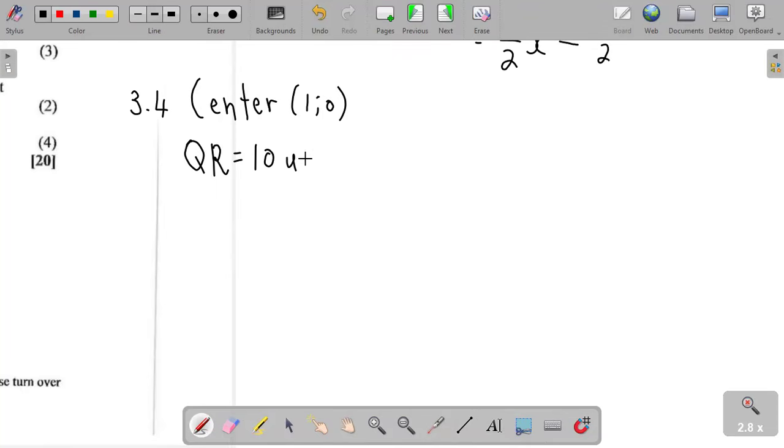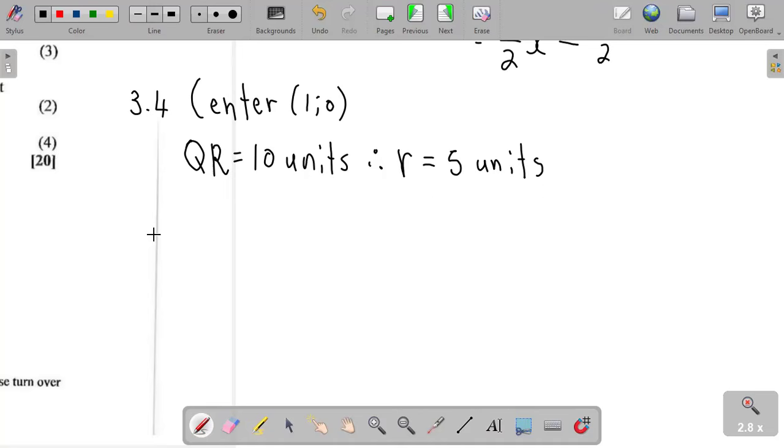So if QR equals 10 units, therefore radius equals 5 units, because we calculated QR in the first question, 3.1, they wanted the length of QR. Now they're saying that the circle has the diameter QR. It means that our r is going to be 5 units.